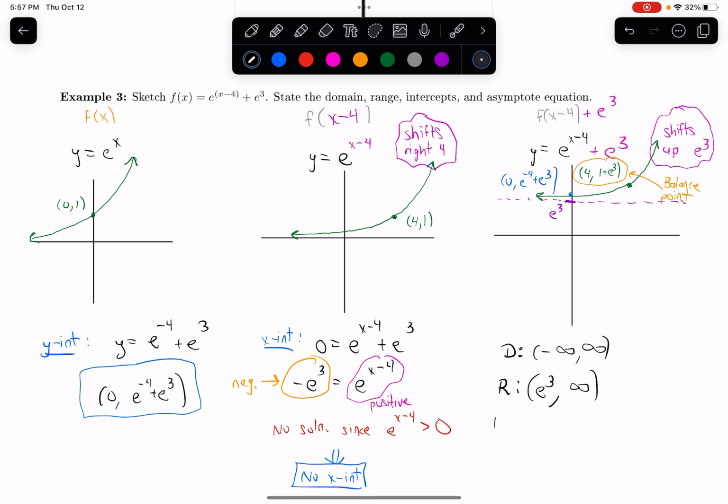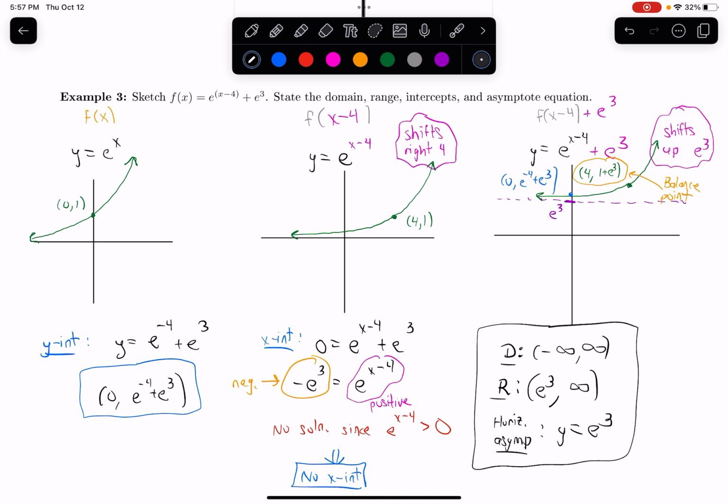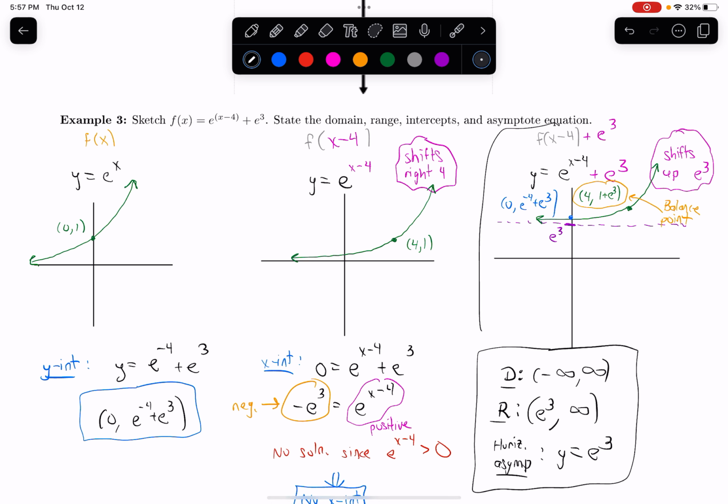And there is a horizontal asymptote. So a horizontal line always has the equation like y equals something. In this case, my line is going through the y value e to the 3. So it's y equals e to the 3. All right, and we got it. Got our domain, range, asymptote. And we got this final graph. And there we have it.